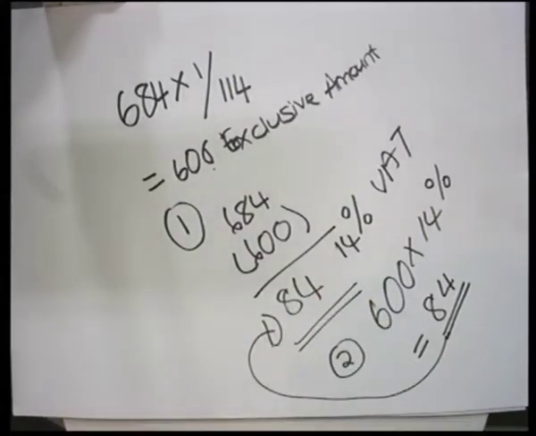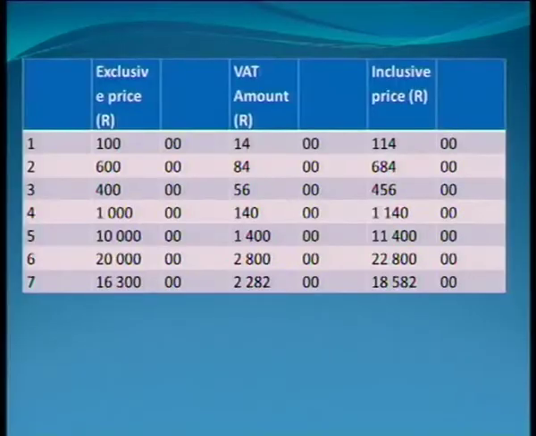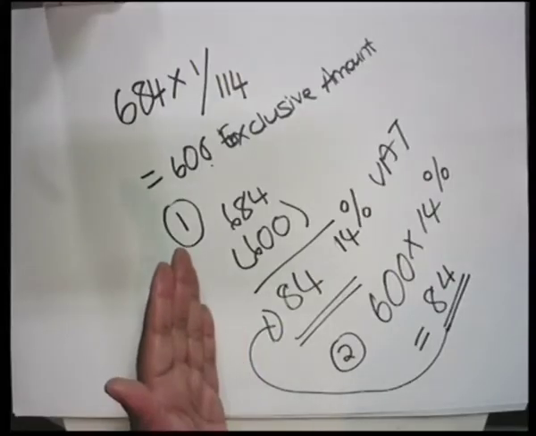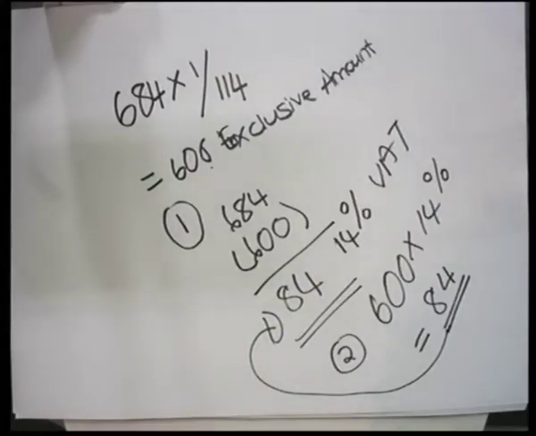Let's move on to number 3. Your exclusive amount is 400, your VAT amount is 56, and your inclusive amount is 456. Your 400 plus your 56. It can still be worked out on the same principle as the one that I've explained to you in number 2. The same with number 4.